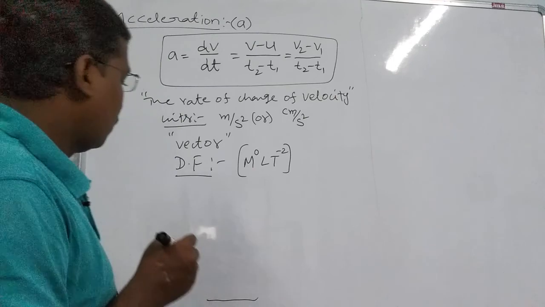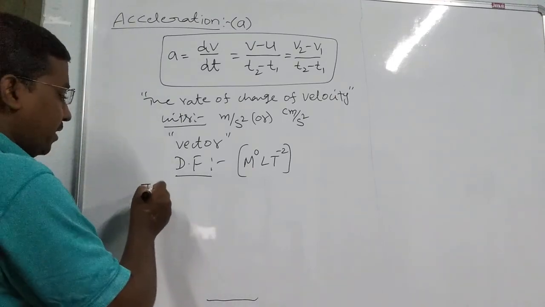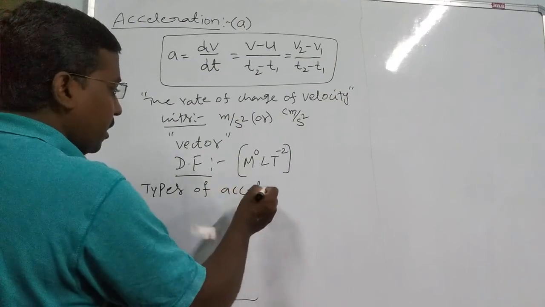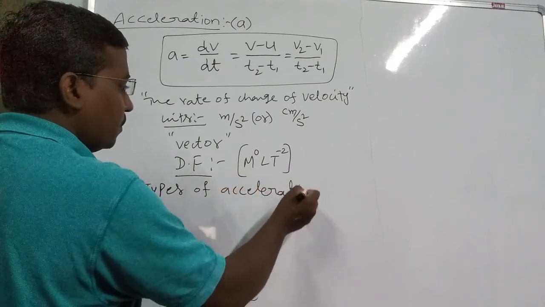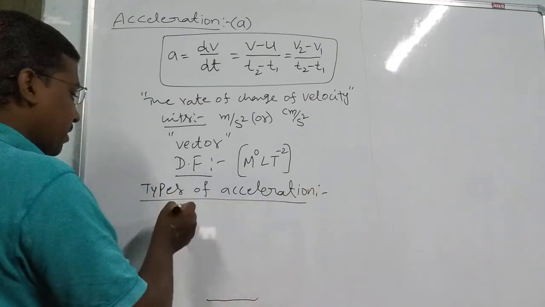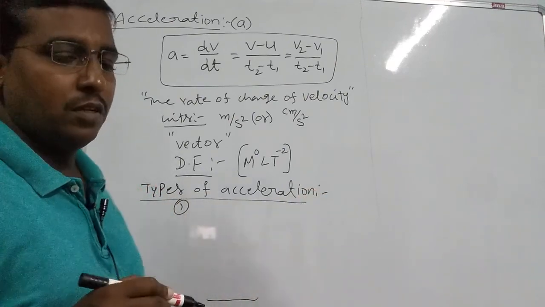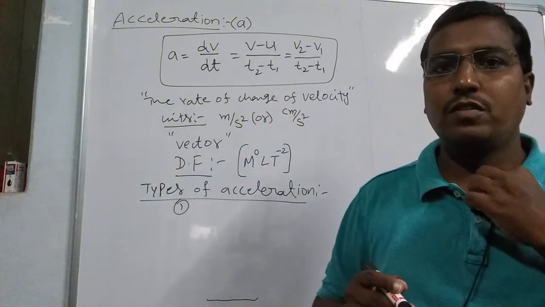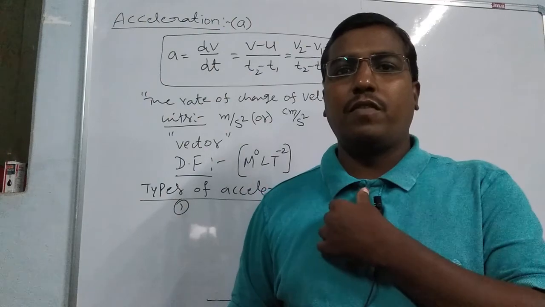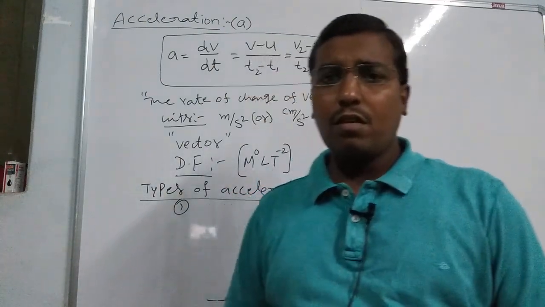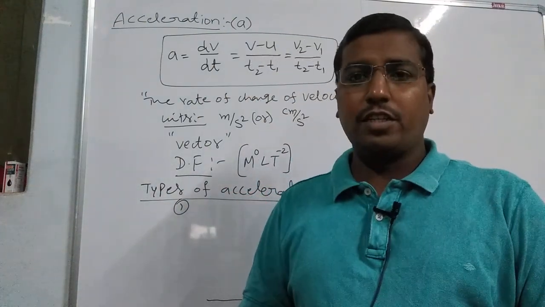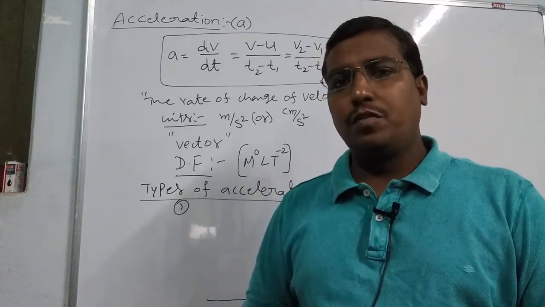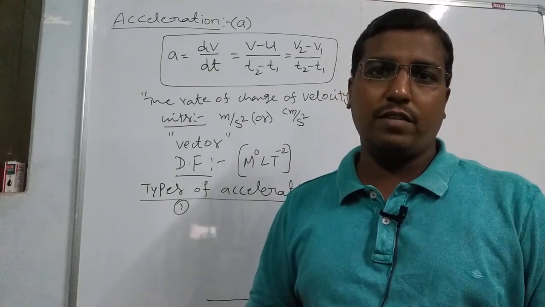Now, what are the types of acceleration? Same as in velocity. In the velocity concepts we discussed the types of velocity: instantaneous velocity, average velocity, uniform velocity, and non-uniform velocity.